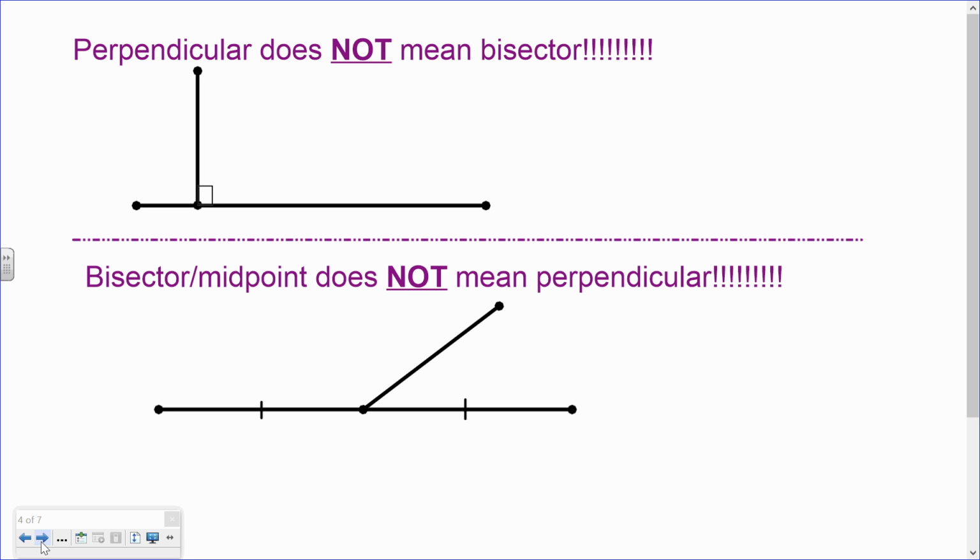And the reverse is also true. Midpoint or bisector does not mean perpendicular. You can have something that comes down like this. Even if it looks perpendicular in your picture, it might be off just 1/10 of a degree. If it's 89.9, it is not 90 degrees. It is not perpendicular.